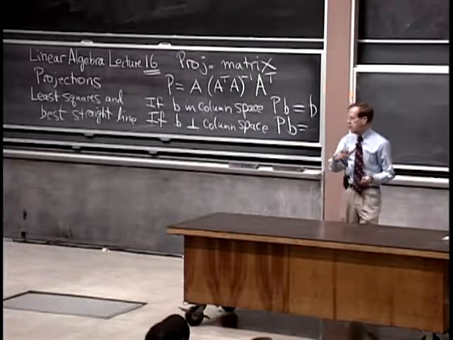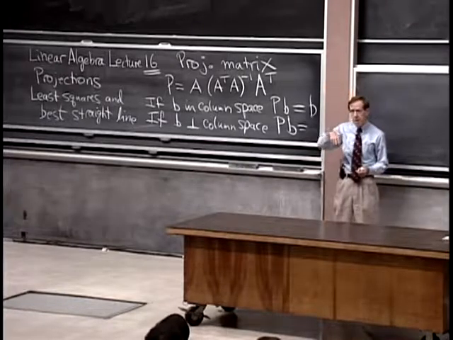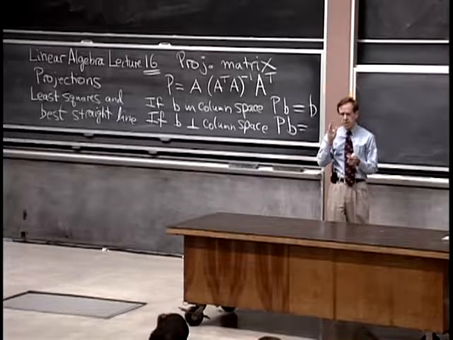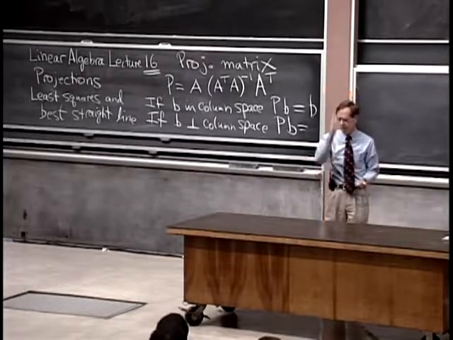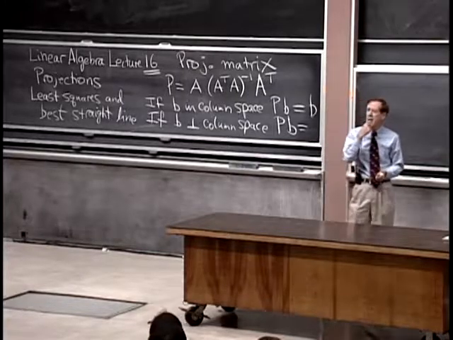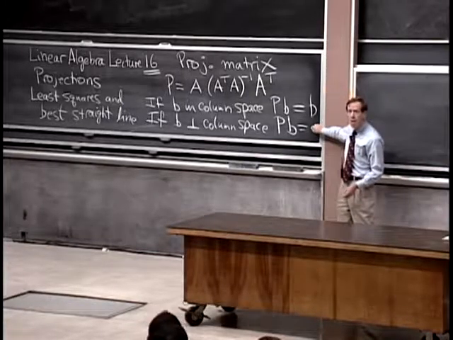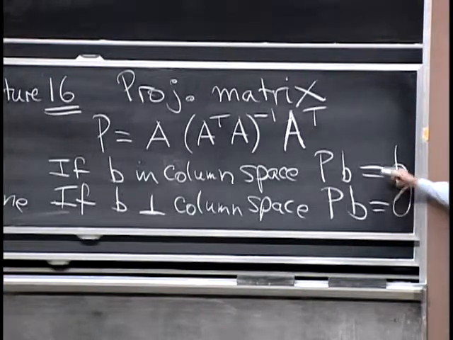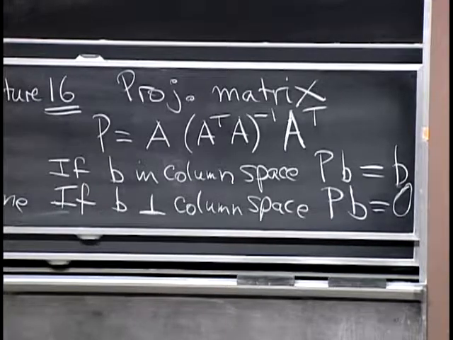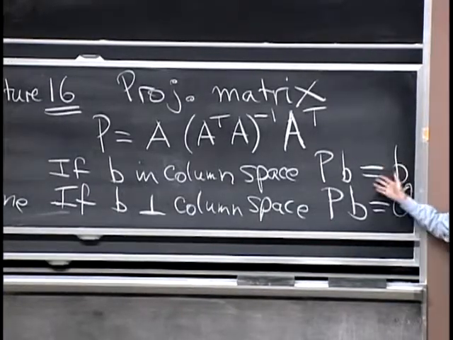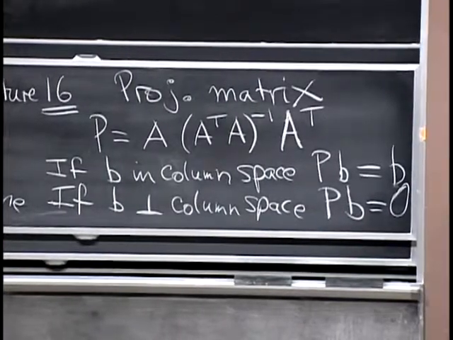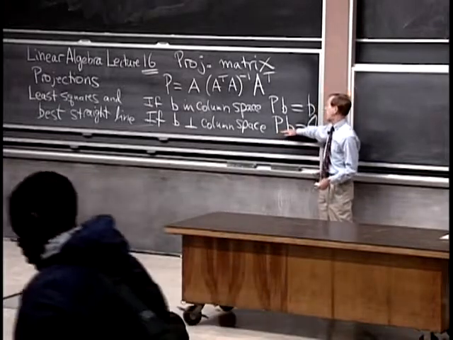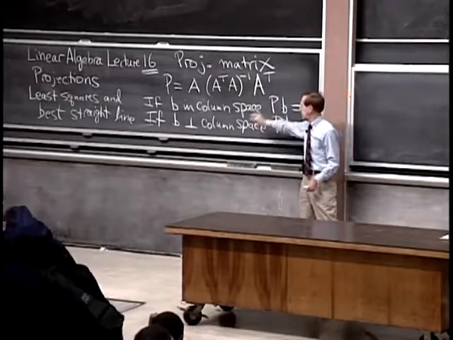If the vector b has no component in the column space, it's sticking completely 90 degrees to it, then Pb should be 0, right? So those are the two extreme cases. The average vector has a component p in the column space and a component perpendicular to it, and what the projection does is it kills this part and it preserves this part.